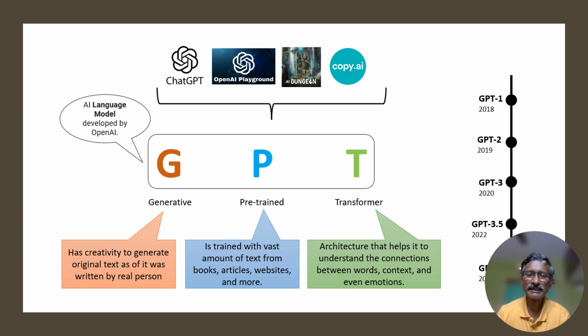Now GPT stands for generative pre-trained transformer. So in that, pre-trained is self-explanatory. It is actually trained with a vast amount of text from a lot of resources like books, articles, websites.